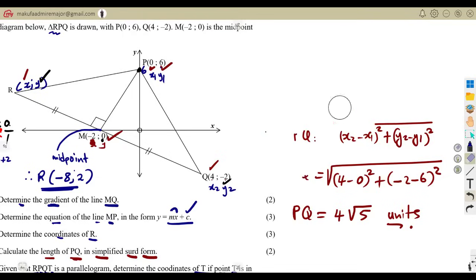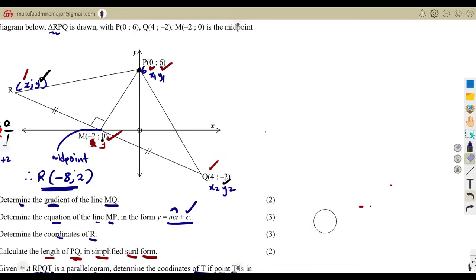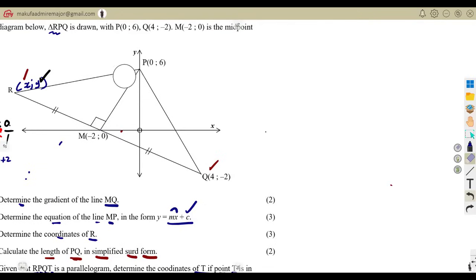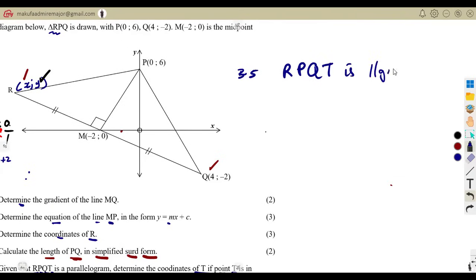Let me just remove this part so that we can understand each other. Remember, there we calculated R using the midpoint concept. So given that RPQT is a parallelogram.